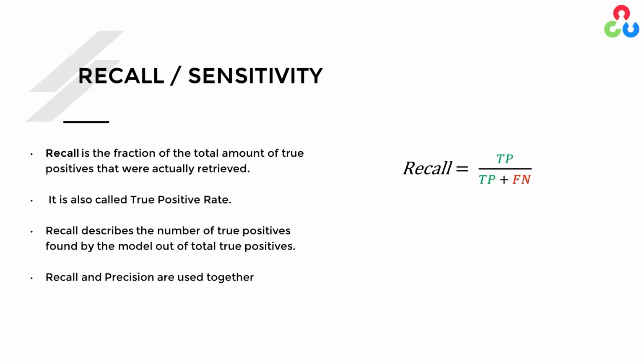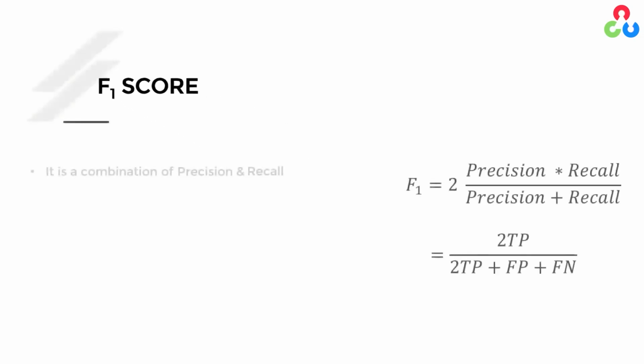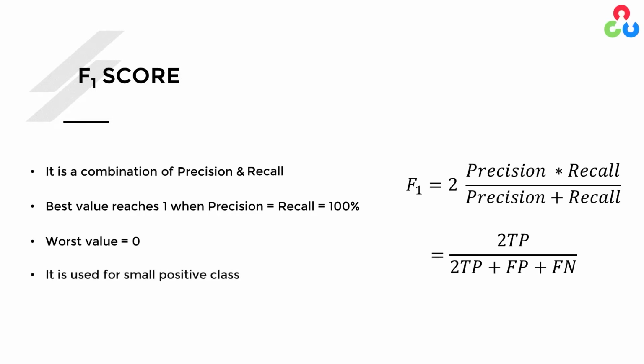Now, let's look at another metric called the F1 score. As we saw, typically we need to estimate and assess both precision and recall. F1 score is a combination of the two metrics. It reaches its best value at 1, which is perfect precision and perfect recall, and worst at 0. In terms of applications, F1 score is preferable when you have a small positive class.